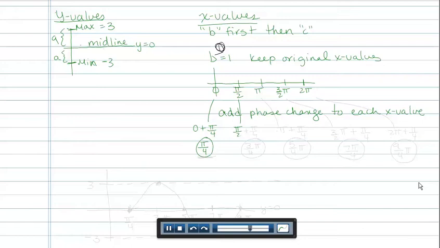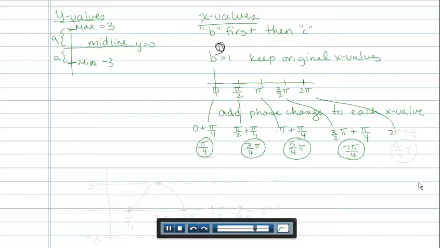Pi over 2 plus pi over 4 is 3 pi over 4. Pi plus pi over 4, 4 plus 1 is 5 pi over 4. 3 halves pi plus pi over 4 is 2, 6 plus 1 is 7, 7 pi over 4.